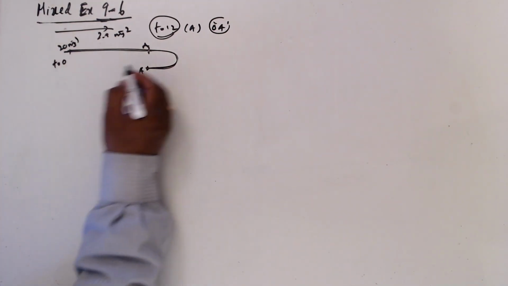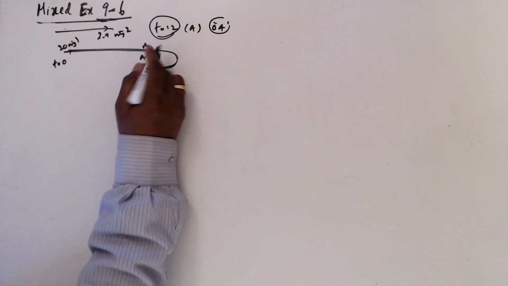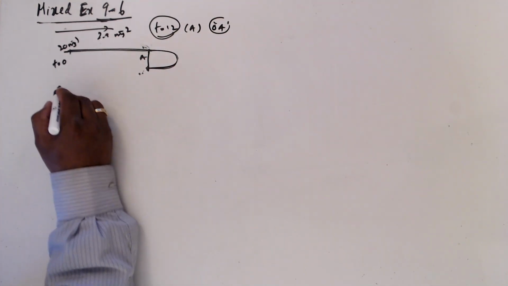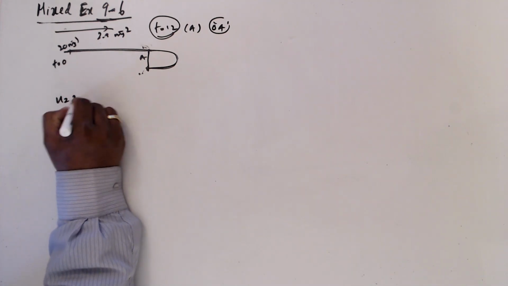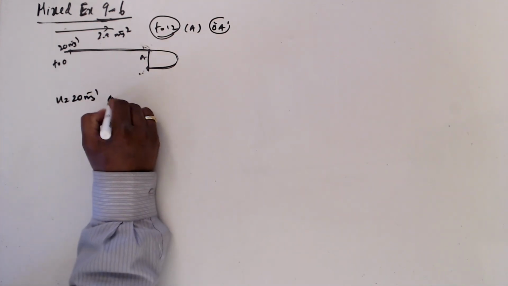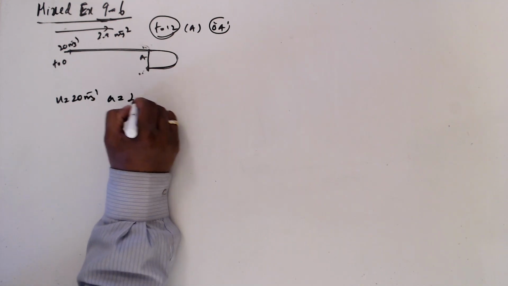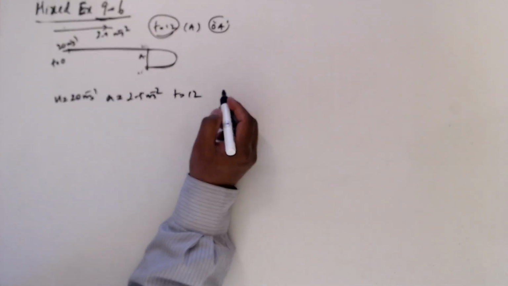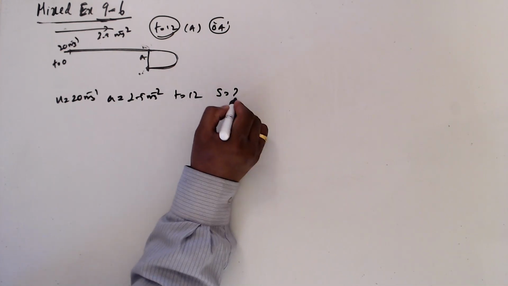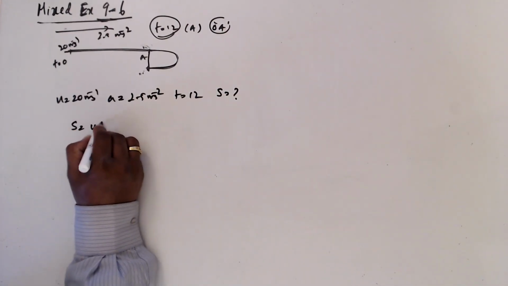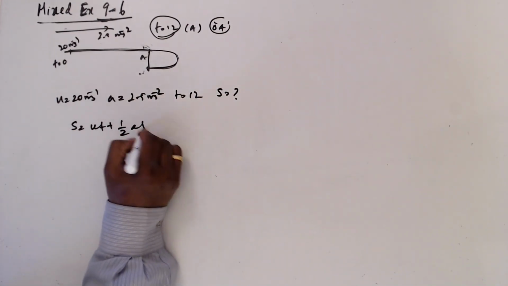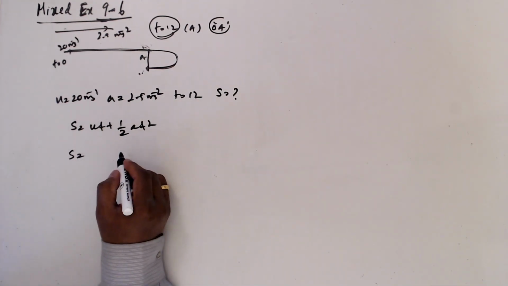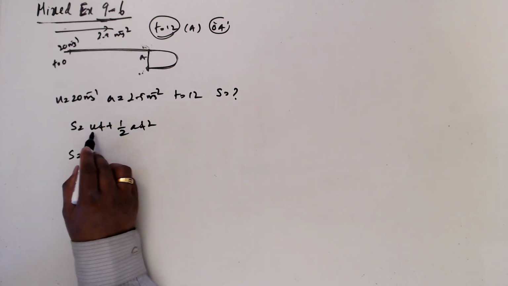So we have u is 20 m/s, a is 2.5 m/s squared, t is 12, and we need s. So this is the equation: s equals ut plus half at squared. Then we can find this length.